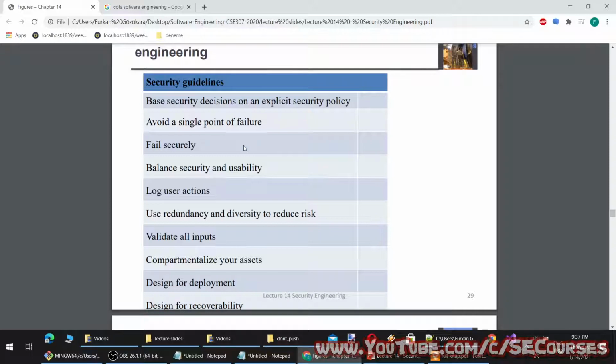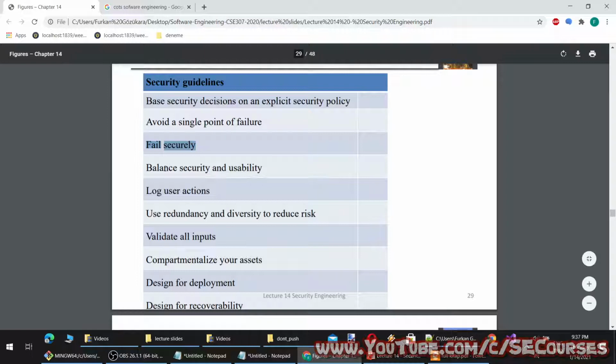Okay, so if we order them by importance from my point of view, I would say number one is validate all inputs. This is the number one rule. Never trust any input. Validate it, sanitize it. And then fail securely. This is another important one.